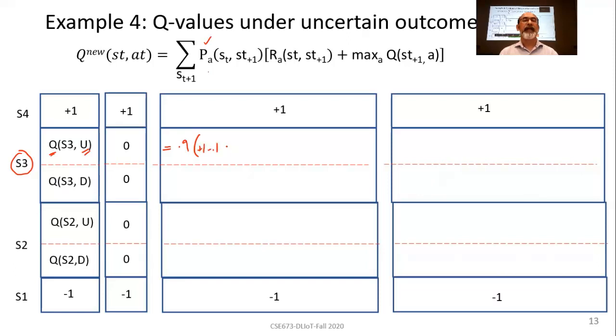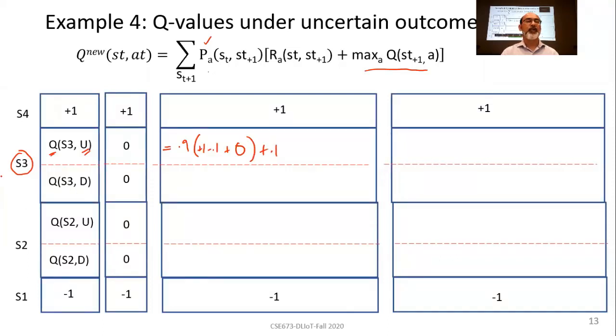All right. And then the maximum value of the Q value if you go into the next state, which is S4. Now we said that since S4 is a terminal state, there's not going to be any further Q value, so this is going to be 0. Then you're going to add the probability of going in the opposite direction, which is 10%.